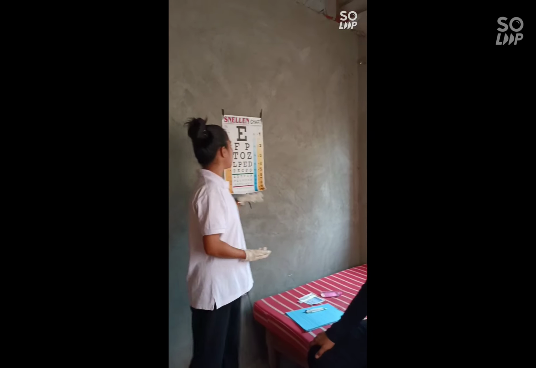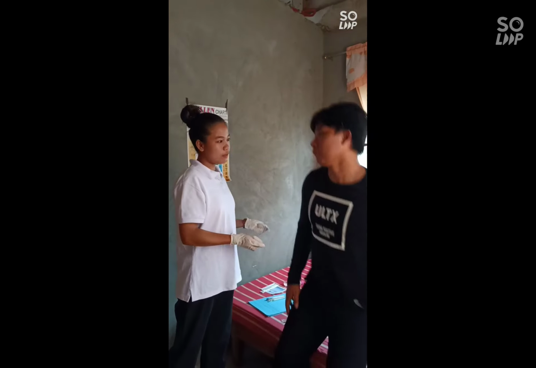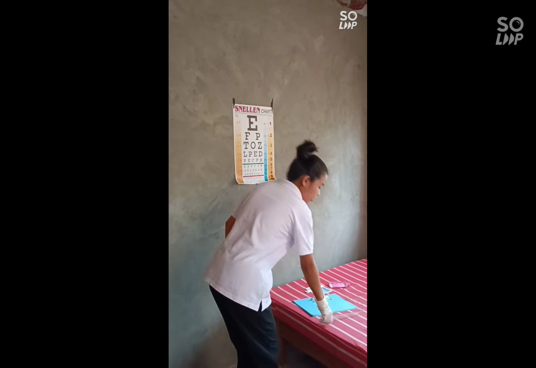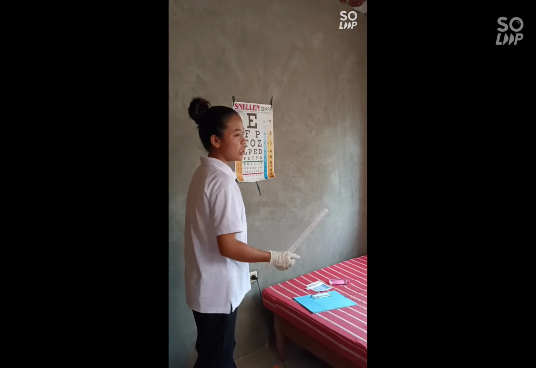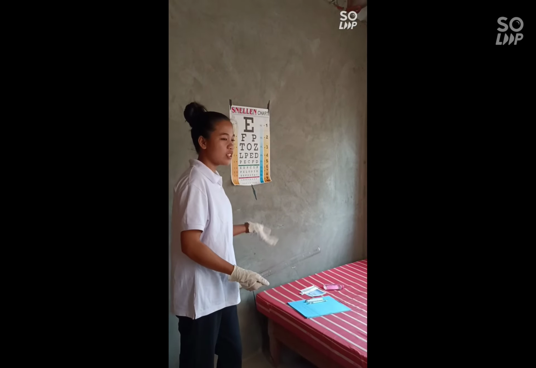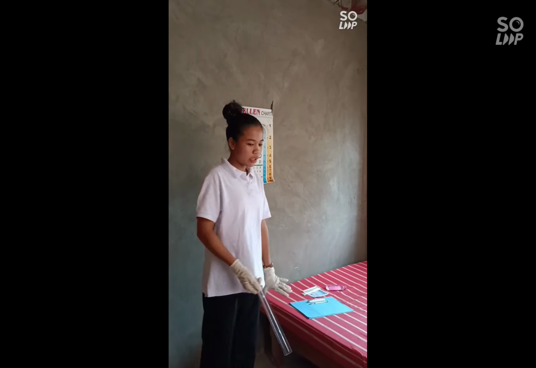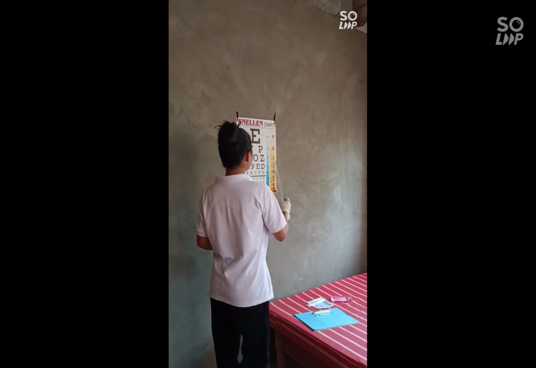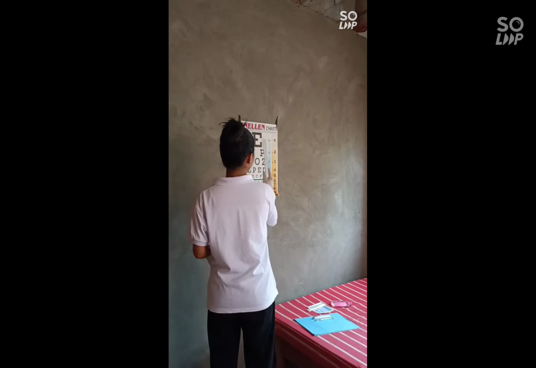Now I am going to test the visual acuity using the Snellen chart. So, sir, can you please stand up 20 feet apart from the Snellen chart? We'll use the ruler to point the letter randomly and you can tell to me what is the letter. Okay? So, sir, your right hand cover your right eye. Okay. Now I'm going to point. Okay, start.